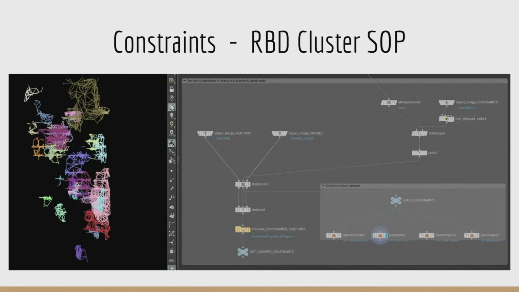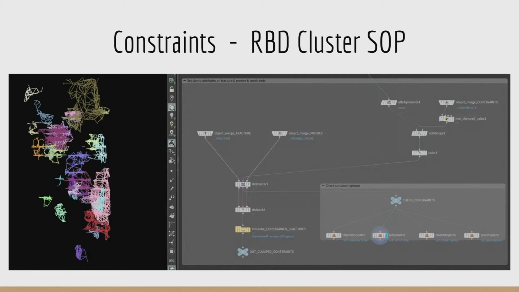But ultimately, we want to keep track of the same data on our fracture, constraints, and our convex decomposed proxies. And if you had to manually copy the data to all three every time you did something of interest in your network, that would be a real pain. But thankfully, we don't have to worry about that with our clustering information here.